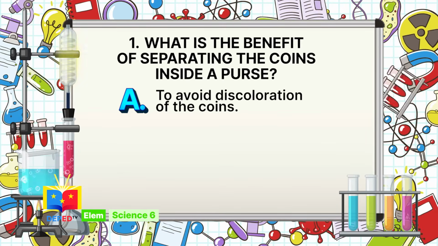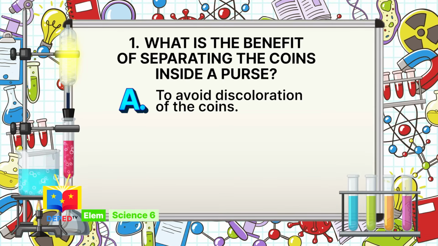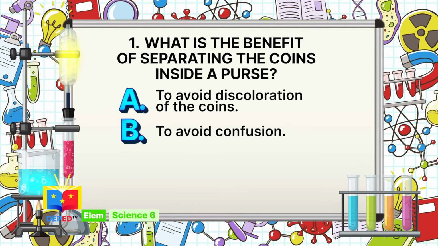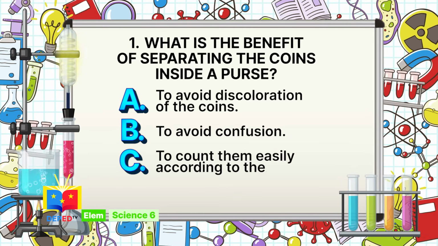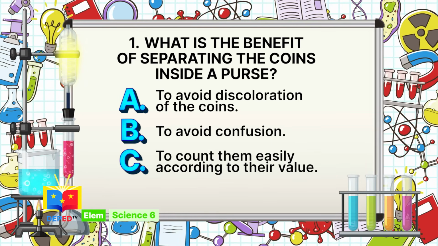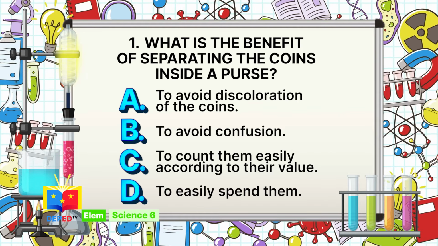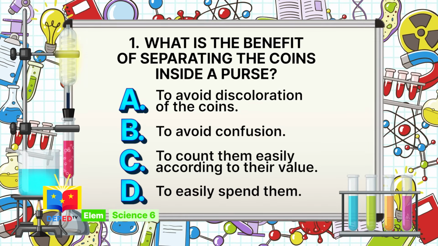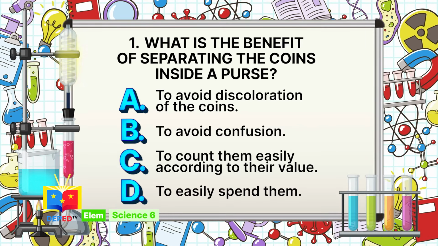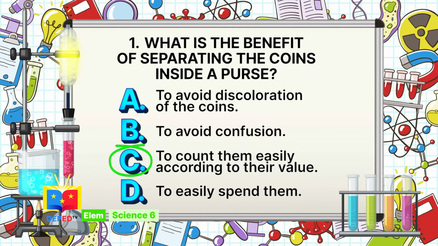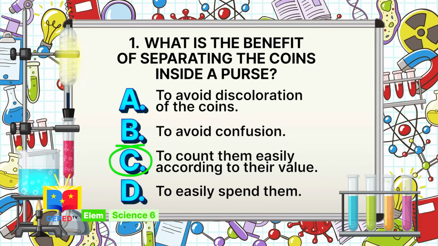Letter A. To avoid discoloration of the coins. Letter B. To avoid confusion. Letter C. To count them easily according to their value. Letter D. To easily spend them. The correct answer is letter C. To count them easily according to their value.